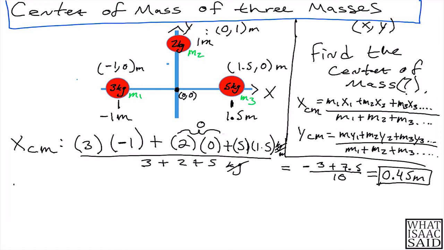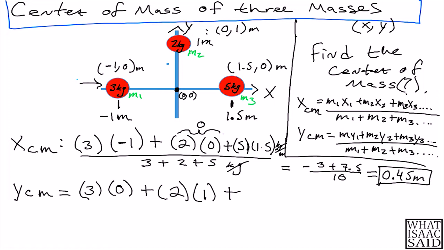Now we can apply the same thing on the y direction. So the center of mass of the y will be our m1, again, is 3. What's the y here? The y is 0 there. So 0 plus our mass 2 up here, which is 2 kilograms. Its y position is 1, plus our m3, which is right here, and that would just be 5 times 0 because we don't have a y component there.